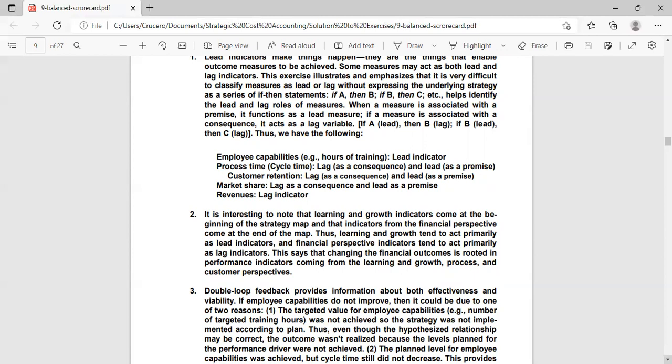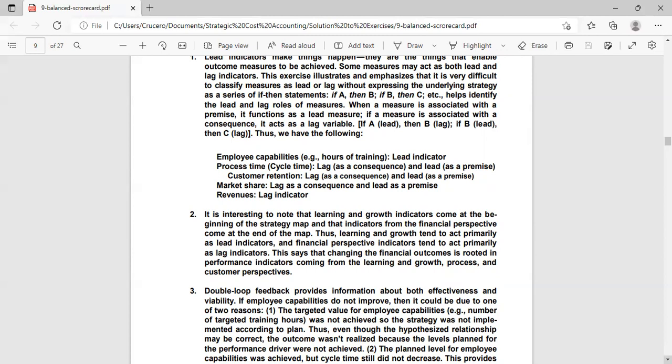Double loop feedback provides information about both effectiveness and viability. If employee capabilities do not improve, then it could be due to one of two reasons. The targeted value for employee capabilities, such as number of targeted training hours, was not achieved.